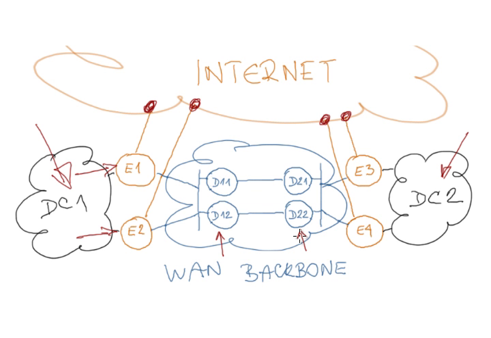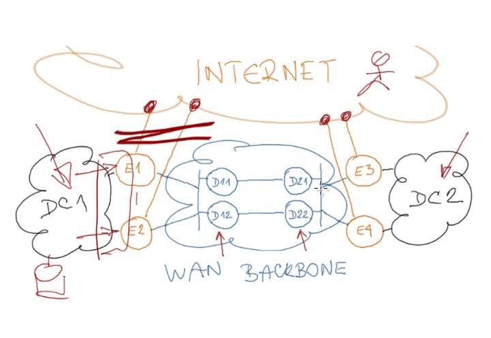And so with this outside WAN backbone, our design problems disappear all at once. Because if these links fail, then the user from the internet will see that he can still reach the public prefix of data center 1, which is now announced through E3 and E4, through these entry points, so the traffic would arrive into data center 2 and then traverse the outside WAN backbone to get to data center 1 and go through the same set of stateful devices as it did before.